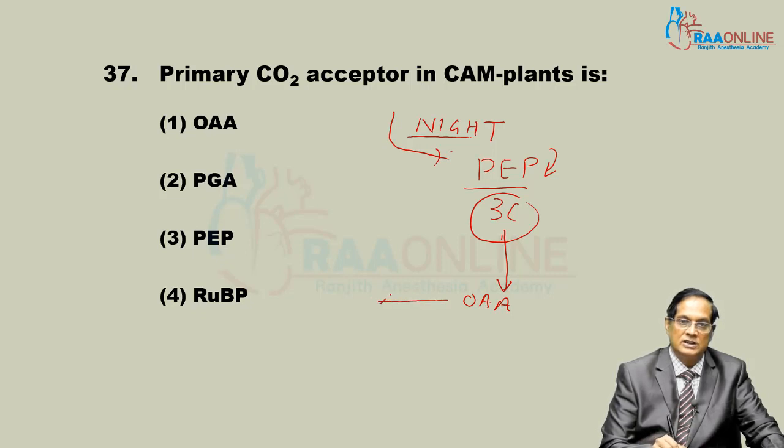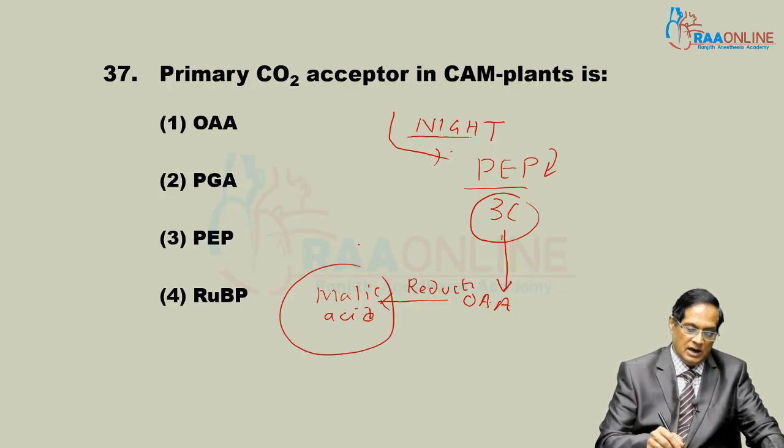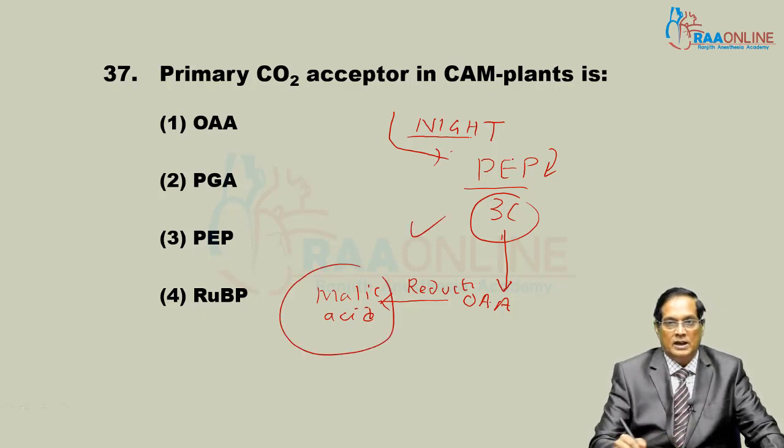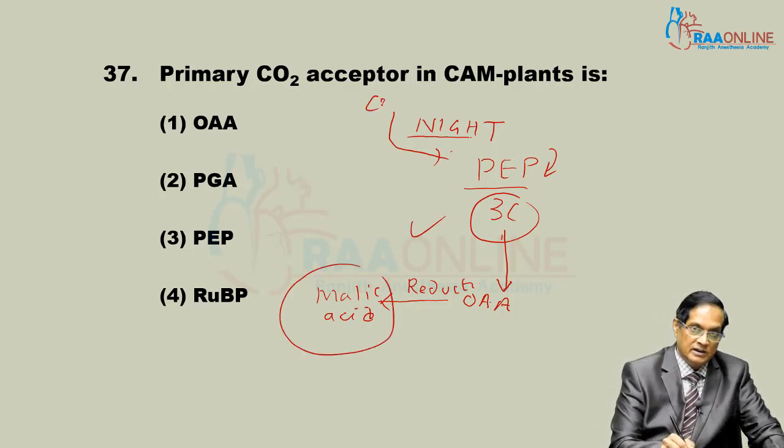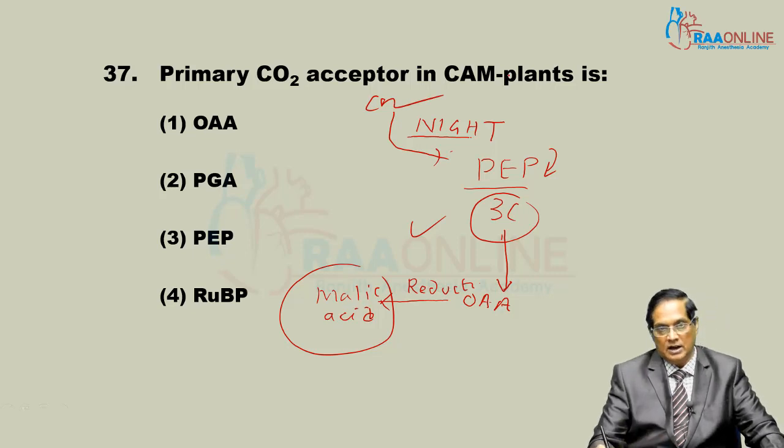This oxaloacetic acid undergoes reduction to form malic acid. So these plants form malic acid at night because of this reaction, which involves the reduction of carbon dioxide at night.